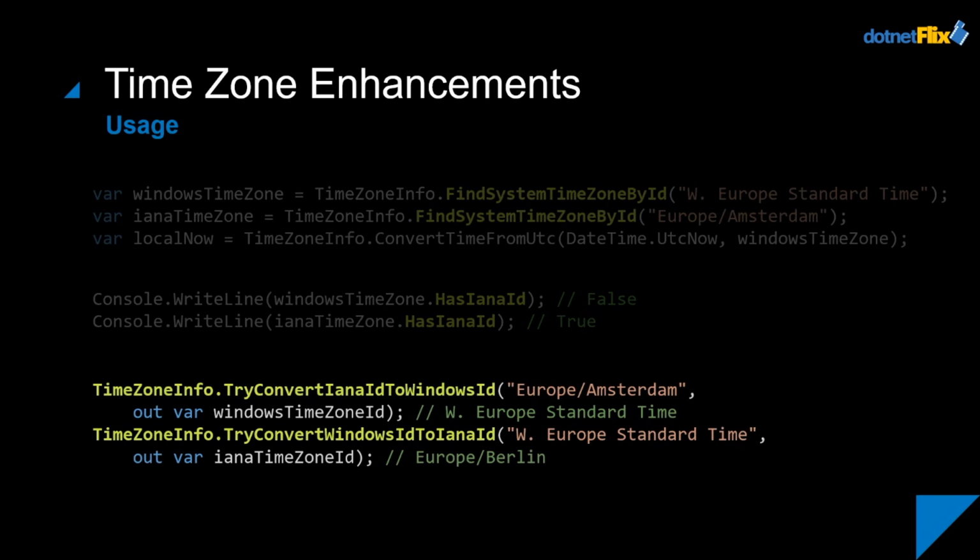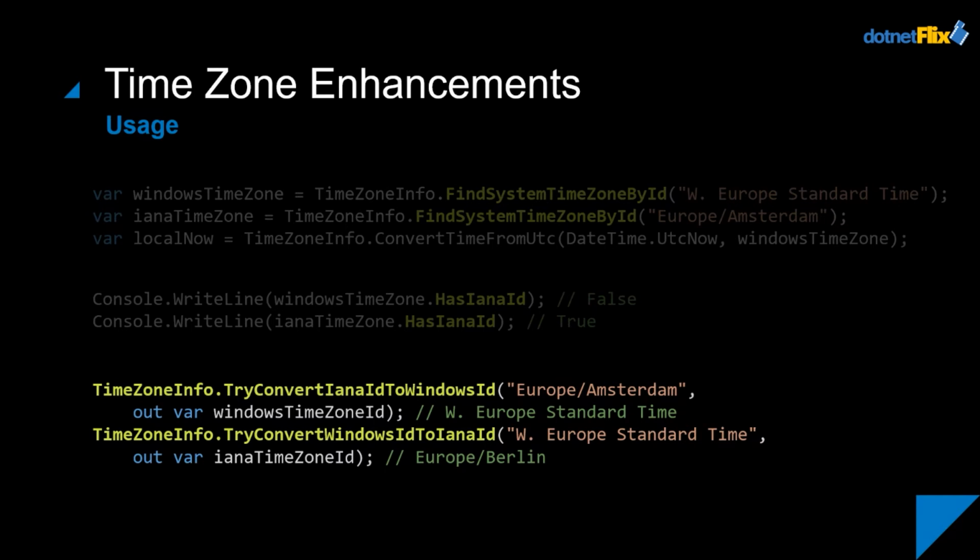And then there's also the TryConvertIanaIdToWindowsId and the TryConvertWindowsIdToIanaId methods to convert from an IANA ID to a Windows ID, or vice versa, from a Windows ID to an IANA ID.